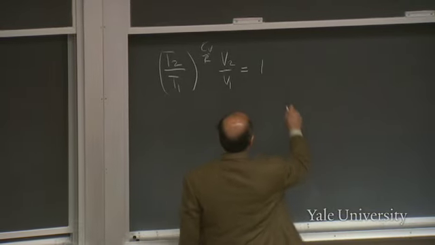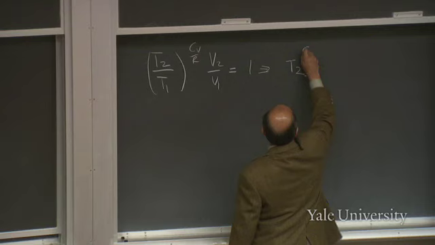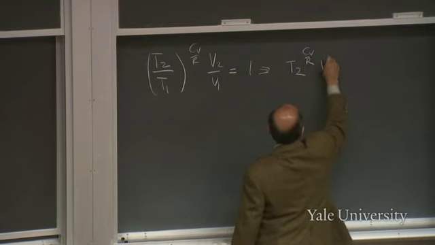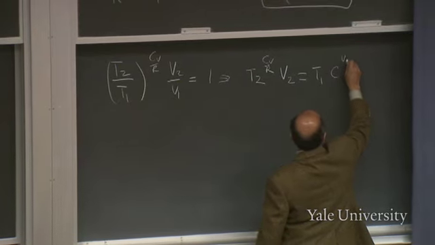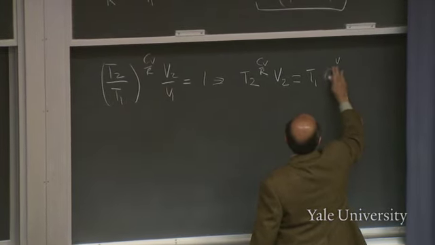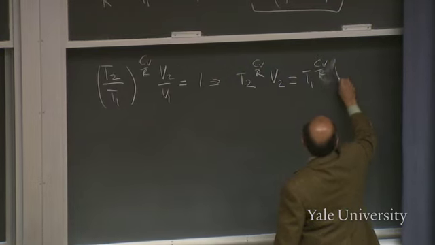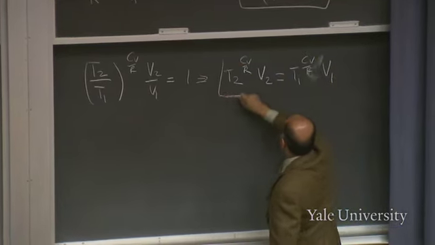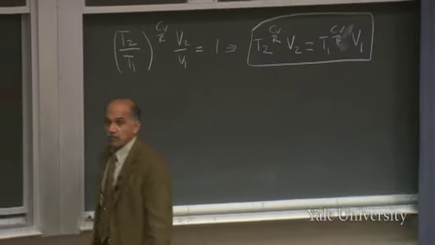And we usually write it as follows. We say T2 raised to the CV over R, V2 to the power 1 is T1 raised to the CV over R times V1. So this is the relation between the temperature and the volume.